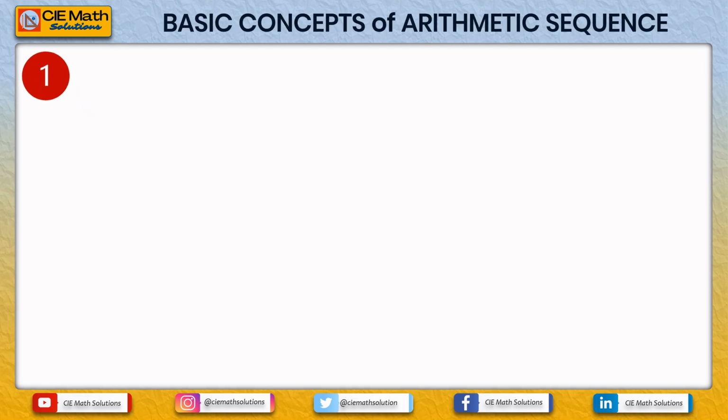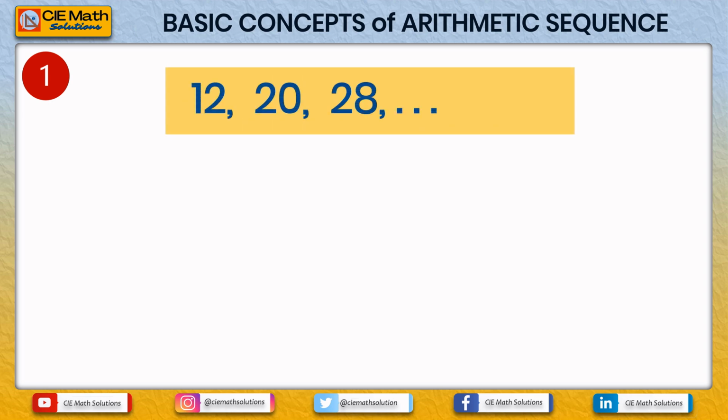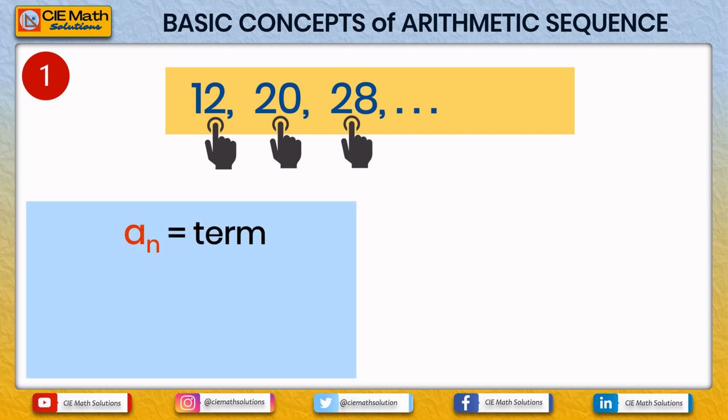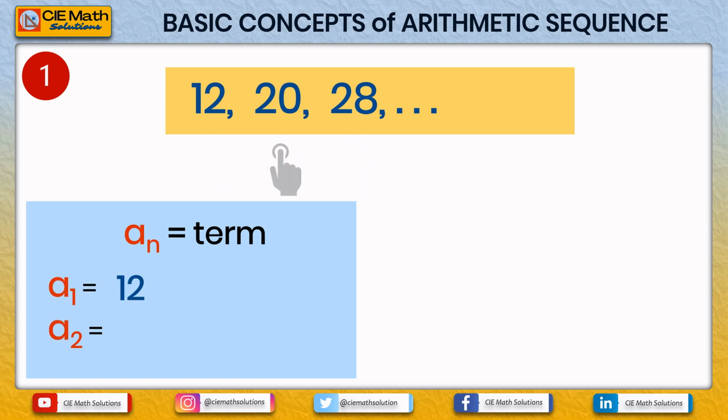For the first prerequisite concept, the basic concepts of arithmetic sequence, for a given arithmetic sequence with terms 12, 20, and 28, these terms are denoted by an. In this sequence then, a1 is equal to 12. A2 is equal to 20, and A3, which is the third term, is equal to 28.